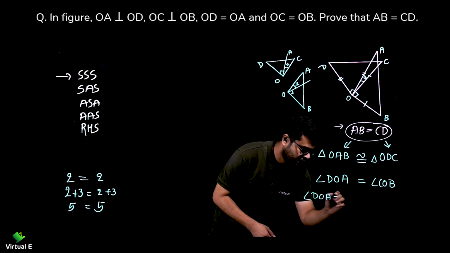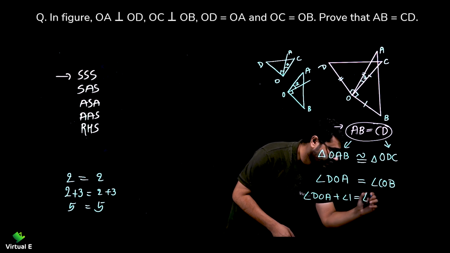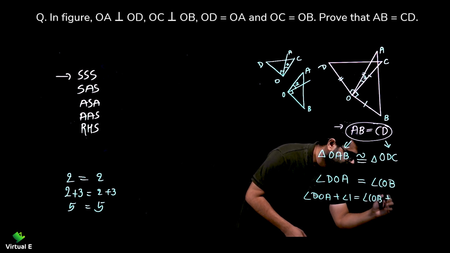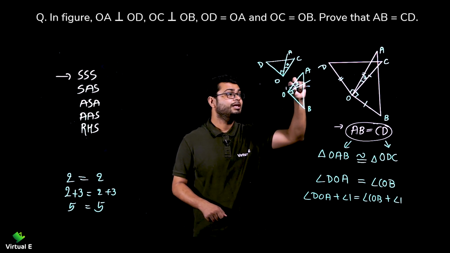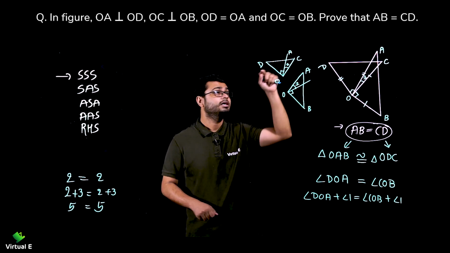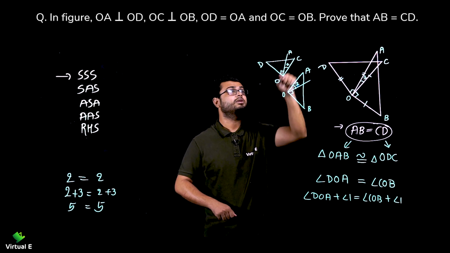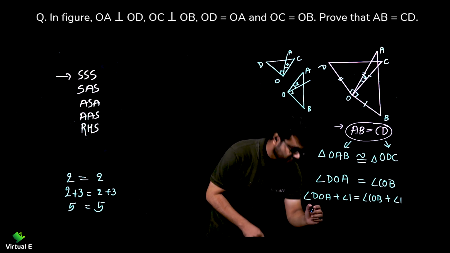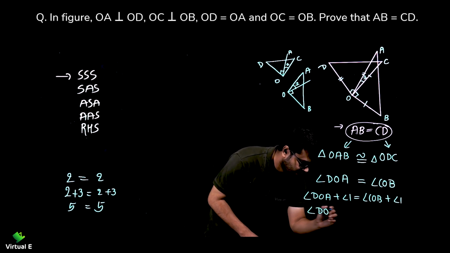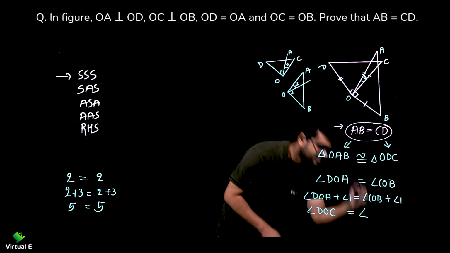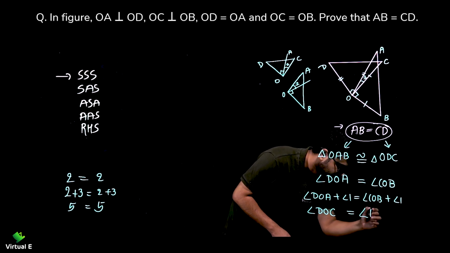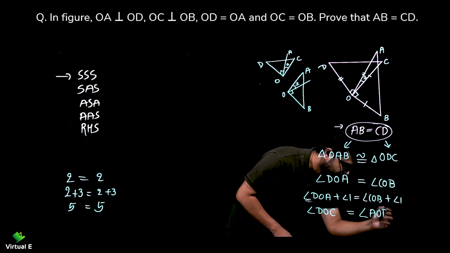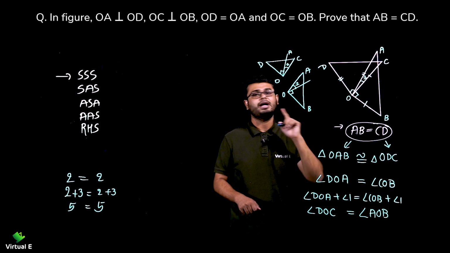Angle DOA plus angle 1 and angle COB plus angle 1. That being done, now the value of that angle will be increased. In the first case, that will be DOC, and in the second case, that is AOB, right? So our angle is ready.